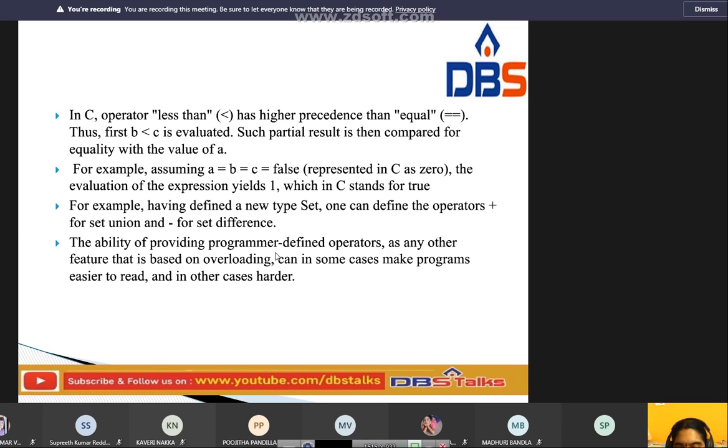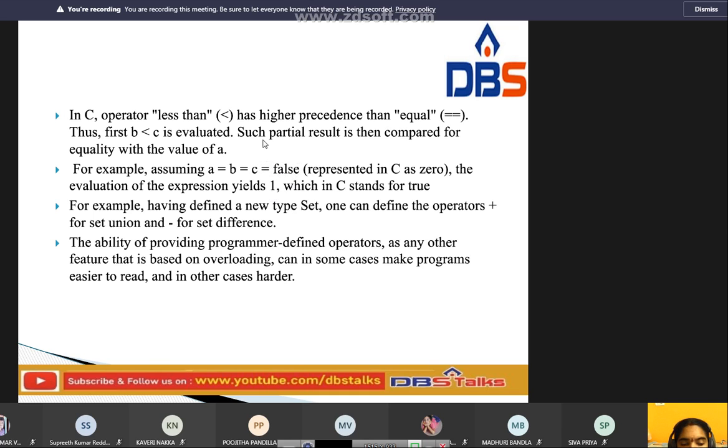Readability is improved since the programmer is allowed to use the standard operators in infix notation, for user defined types only.